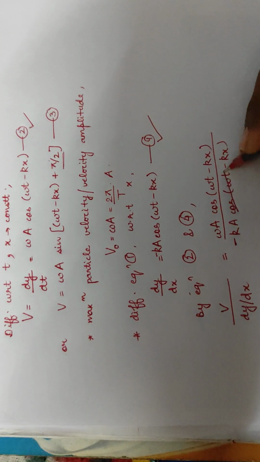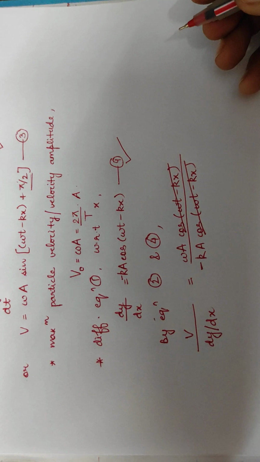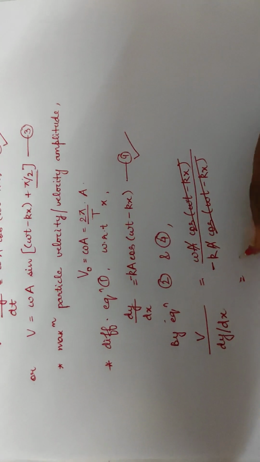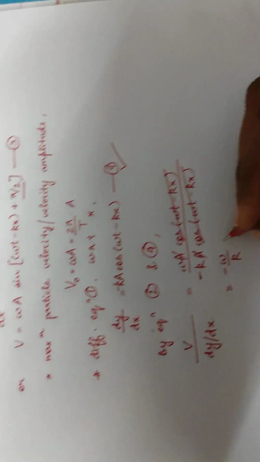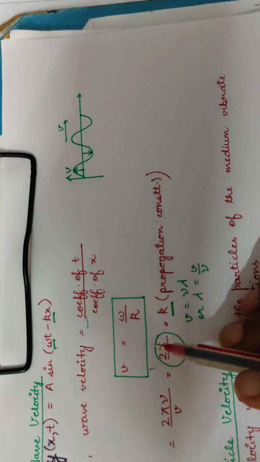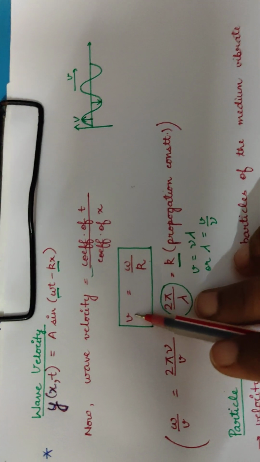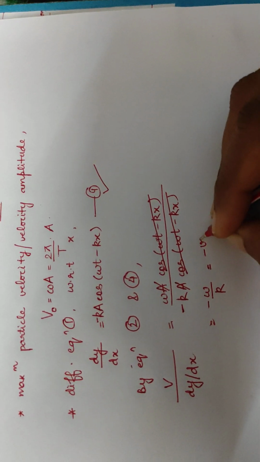Now from here, the cos (omega t minus kx) component gets cancelled, a also gets cancelled, and we are left with minus omega by k. And as you can see, omega by k is equal to the wave velocity v. So we can replace omega by k by wave velocity v.